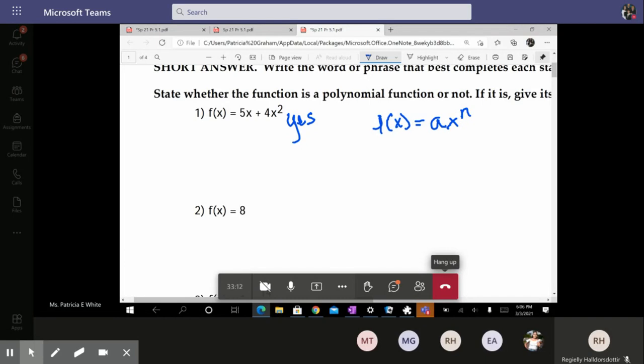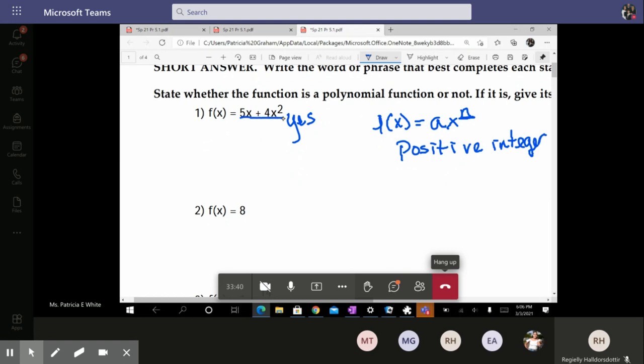We write these in descending order. A is any real number, but here's your qualifier right here, n. N has to be a positive integer. Okay, your exponents must be a positive integer.